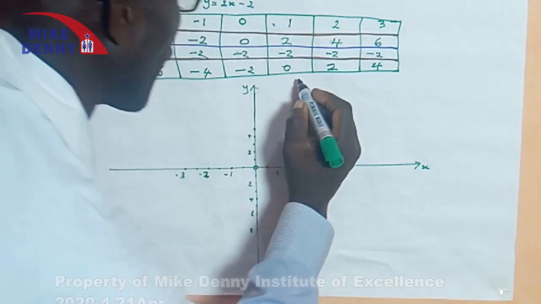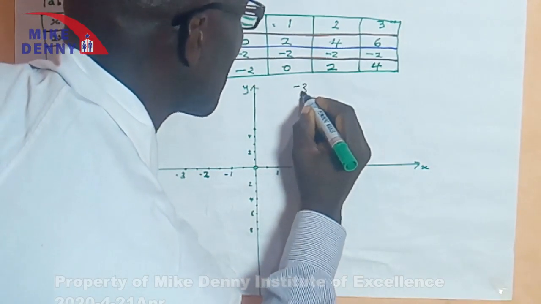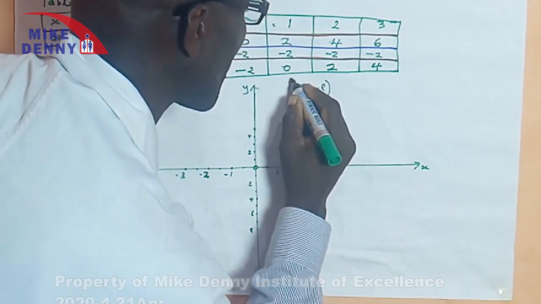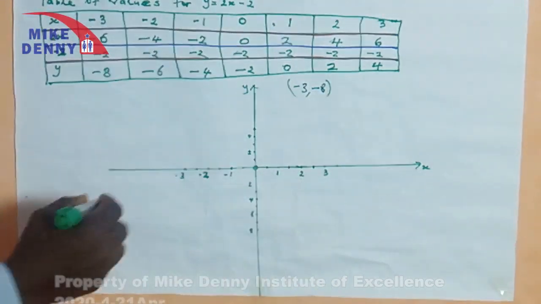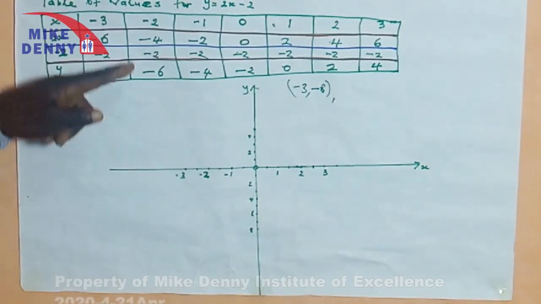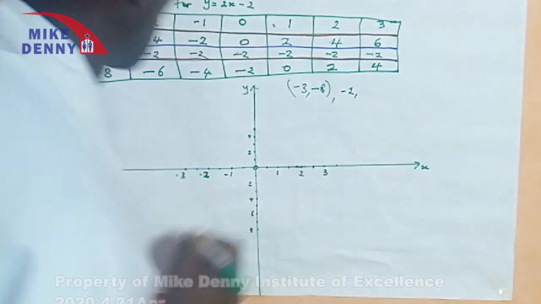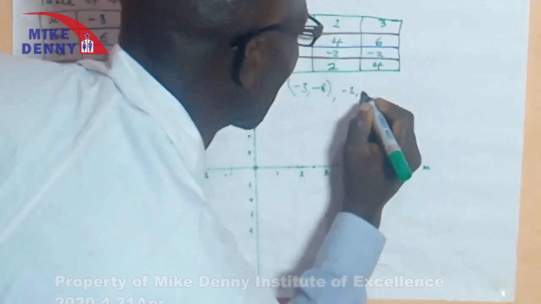So the first object is -3, and the image of that is -8. Then the second, you have -2, and the image of -2 is -6.